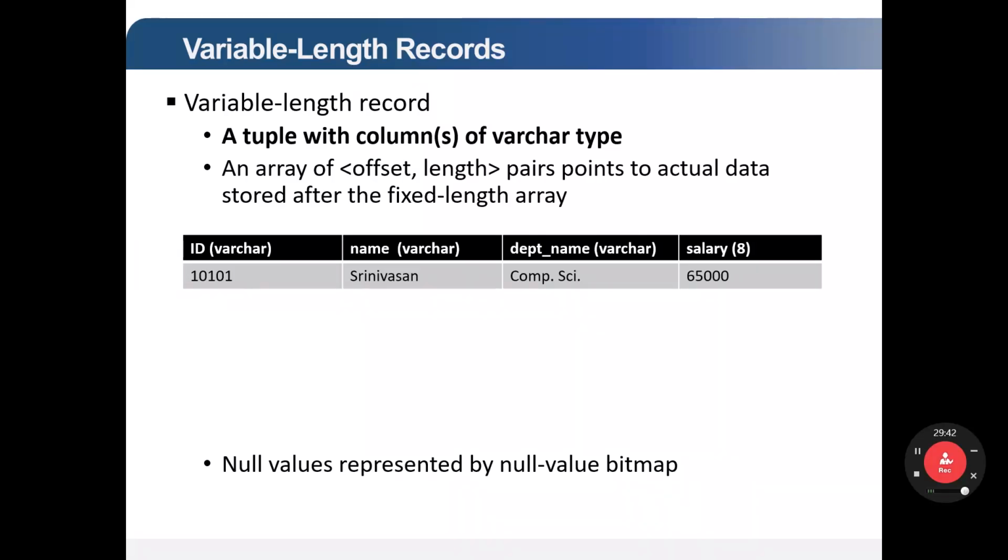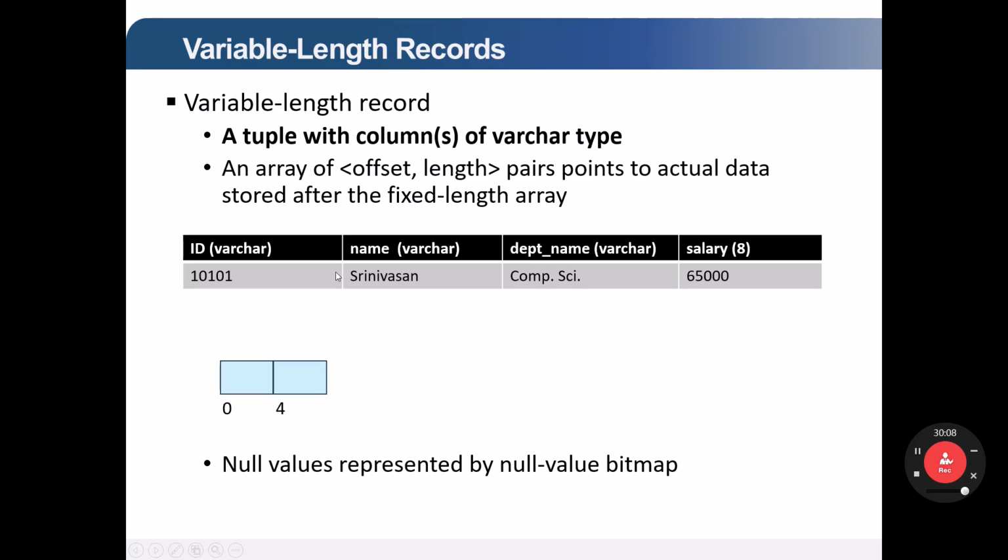That was for fixed sized records, and for variable length records, how can you manage those attributes? Suppose we have this table: ID, name, department name, salary. Except the salary column, the last column, the first 3 columns are of variable length string type.